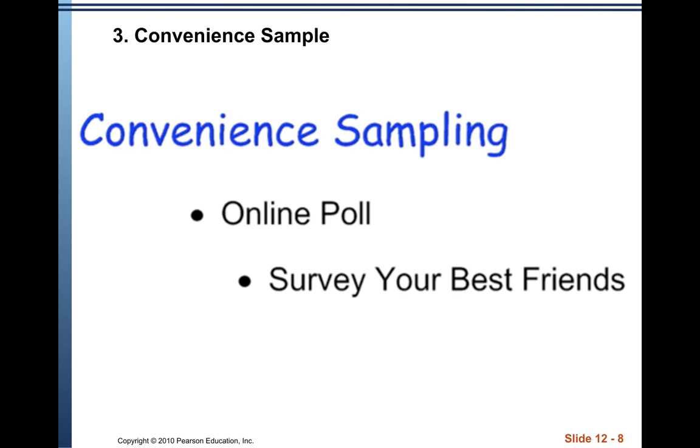Likely not. But this is still a sample that is used a lot. Why do they call it convenience sampling? Because it's more convenient to survey your best friends. Again, not the best sampling method because it could potentially create bias. But like I said, it is one that is used a lot.